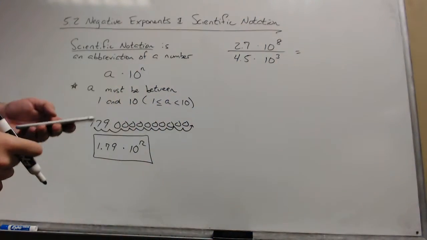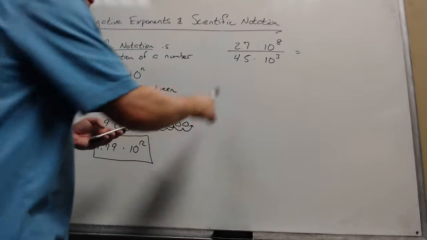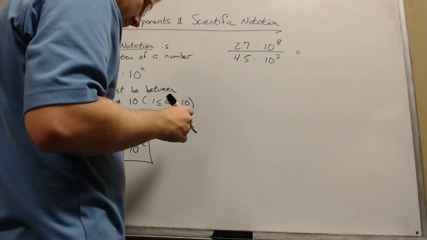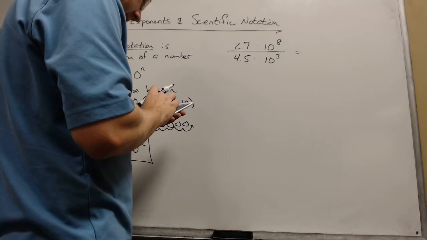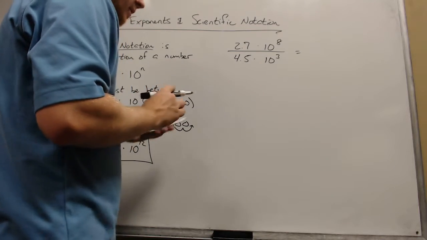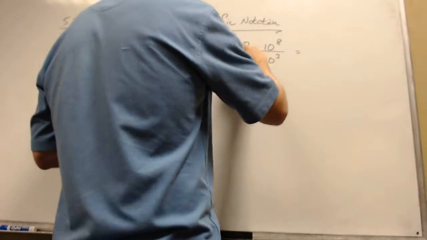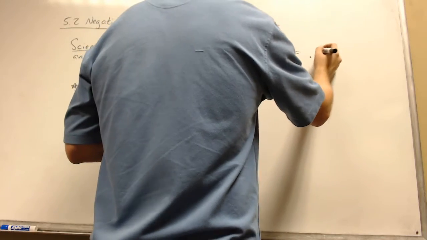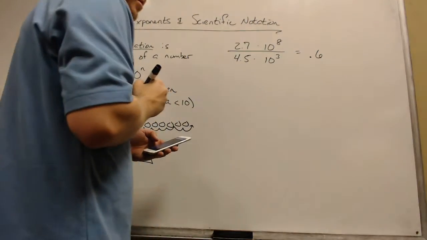There's nothing too special here. Let's divide our a values. So 2.7 divided by 4.5. And this will be 0.6 if we did that division. So 0.6 will be the a value part of this.